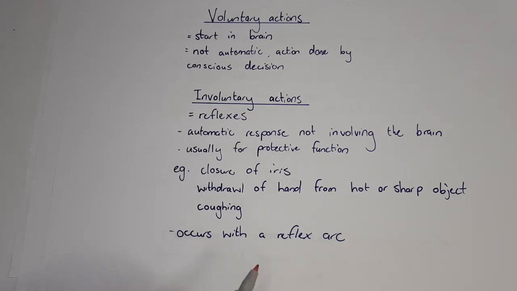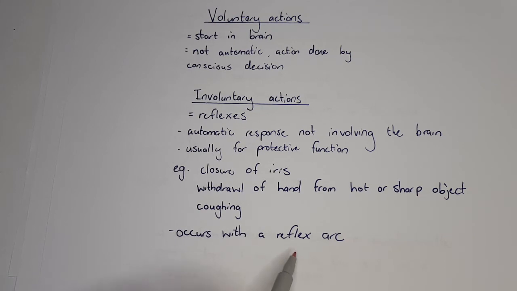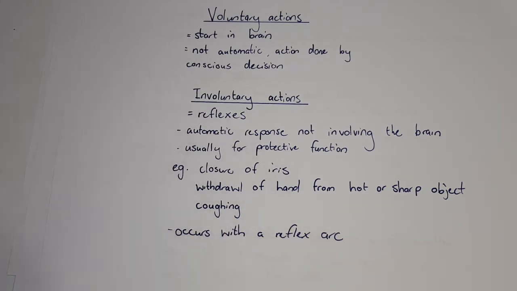And they occur by what we call the reflex arc. Okay, so now a reflex arc is just the process of that impulse flowing from a sensory neuron through the relay neuron to the motor neuron before your brain has made a conscious decision to do that.